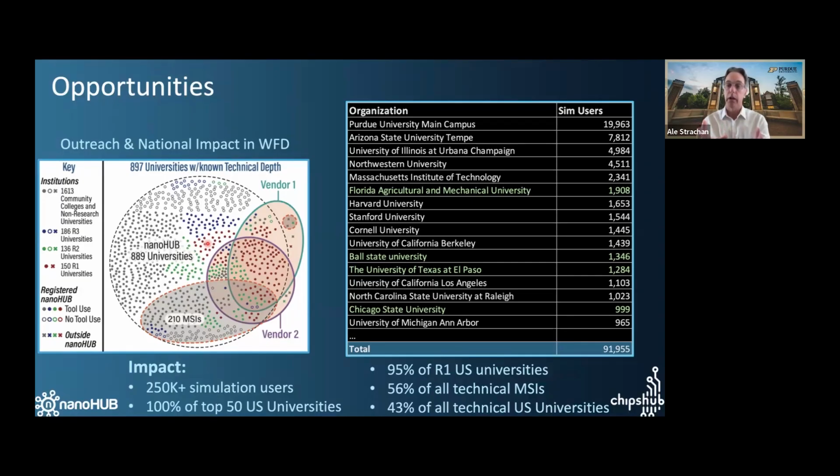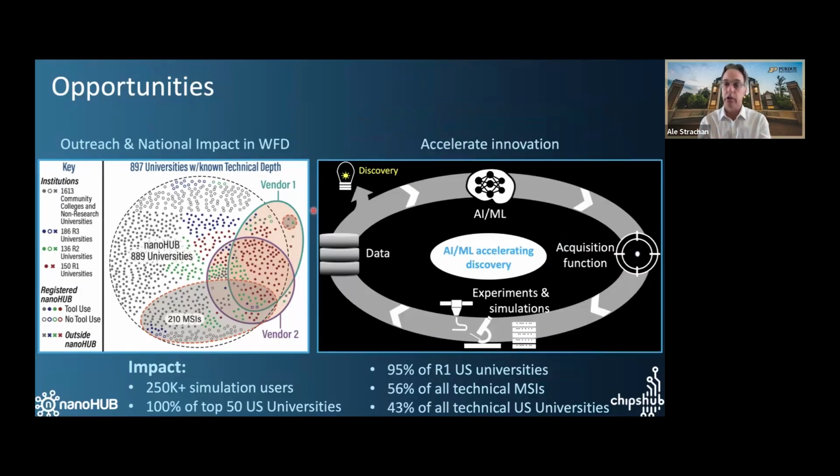So that's on the educational side. On the research side, we're very excited about the infrastructure that we're developing that combines AI, physics-based simulation, and data. And you can think that once you can put all of these pieces together, you can optimize and accelerate innovation by coming up with new experiments to run.